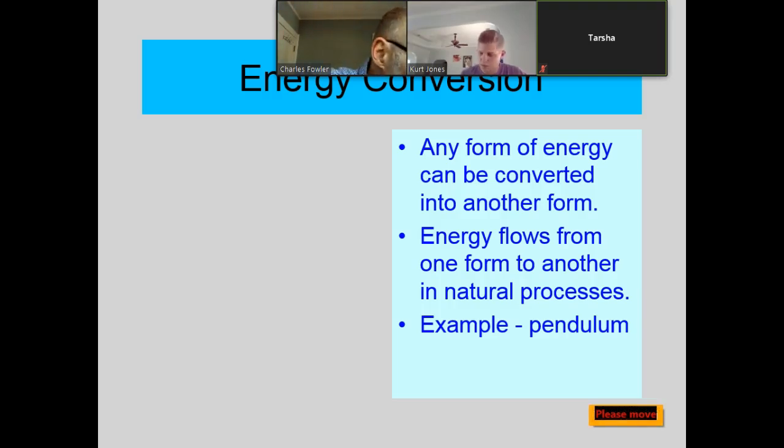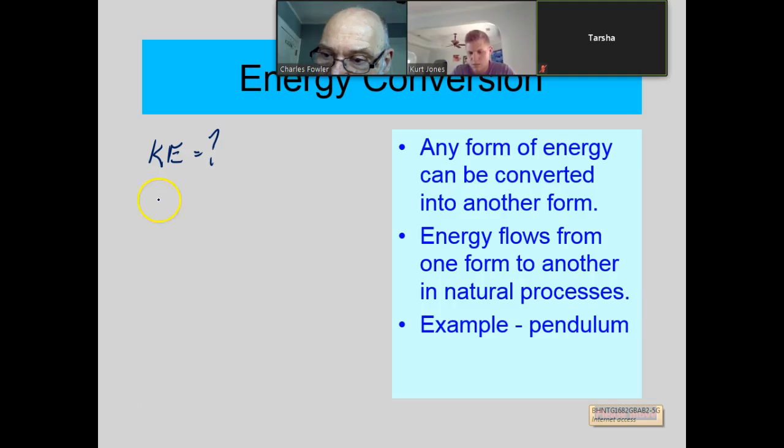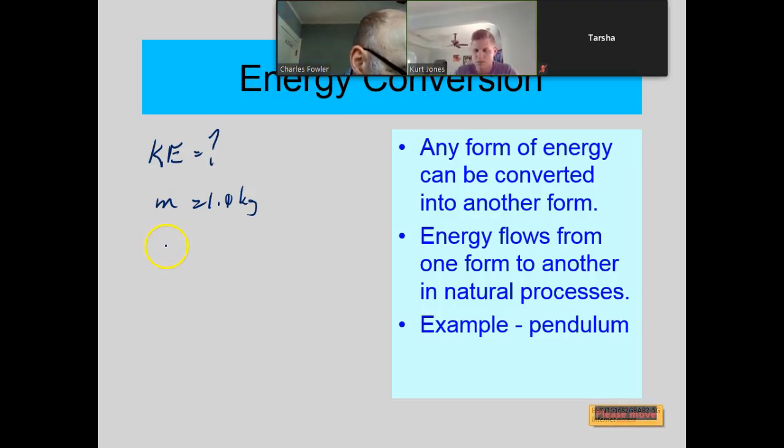Example 3.10. This time, what is the kinetic energy? This is what we're looking for. Of a 1.0 kilogram book. Ooh, it's the same one we just had. It was mass of 1.0 kilogram, and the H was 1.0 meters.